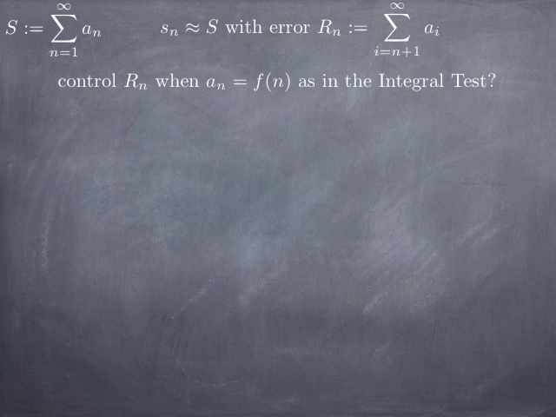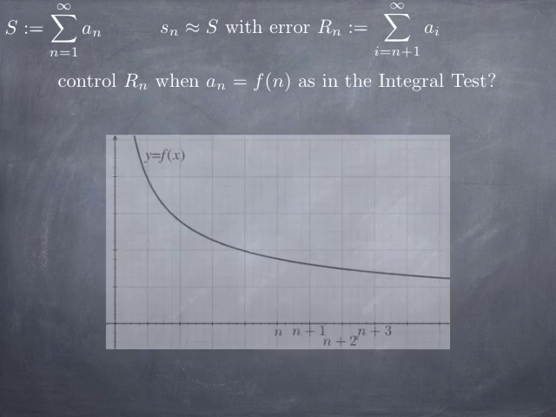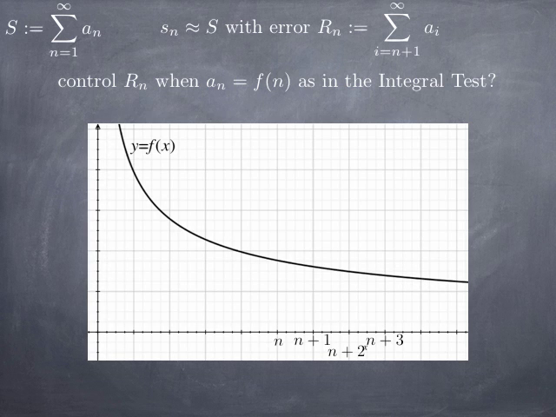So how do we proceed to do that? Well, let's draw again the type of pictures we've been drawing when we were discussing the integral test, and let's try to represent geometrically the error R_n. So this is the sum of the a_i's, in other words, of f of i, where i starts at n plus 1 and keeps growing.